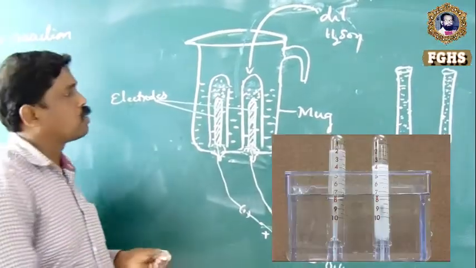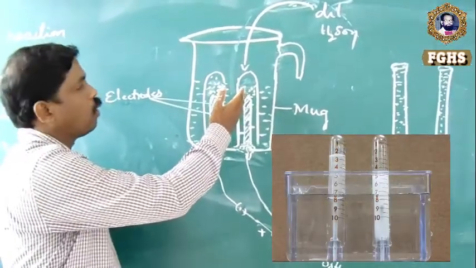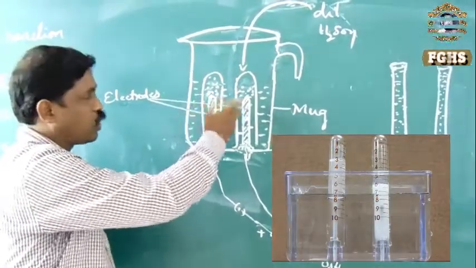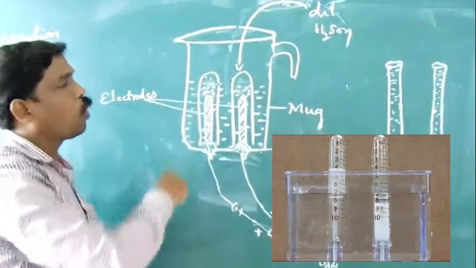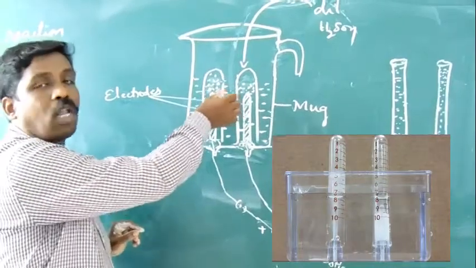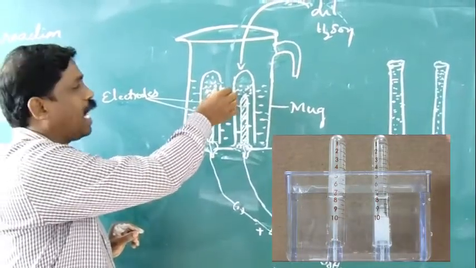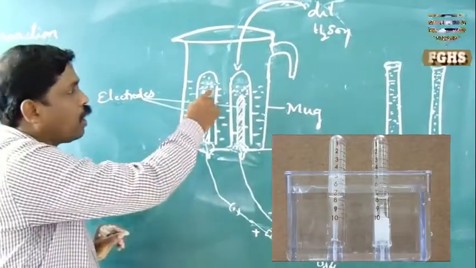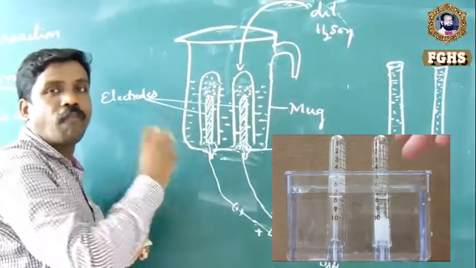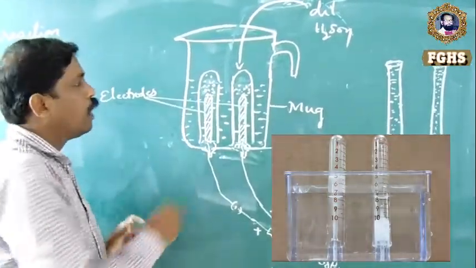After some time the gas fills both the test tubes. If you look at them, you will see that an equal volume of gas is not collected in both the test tubes.